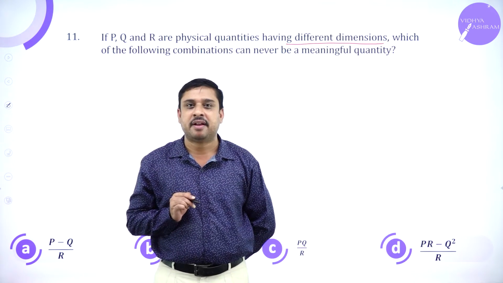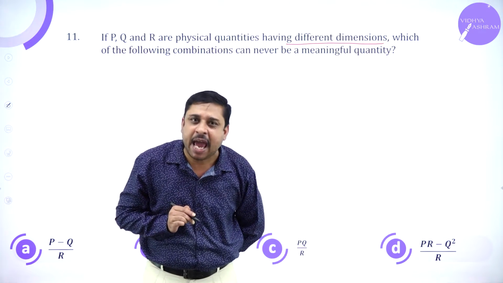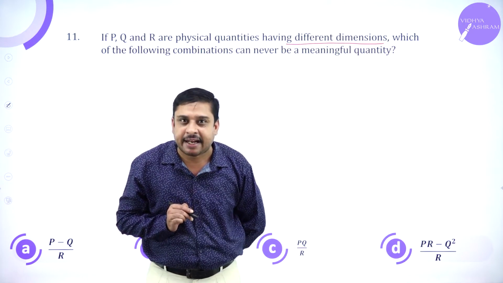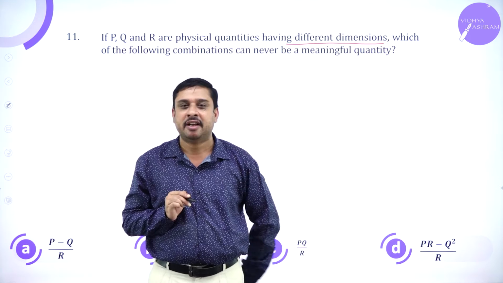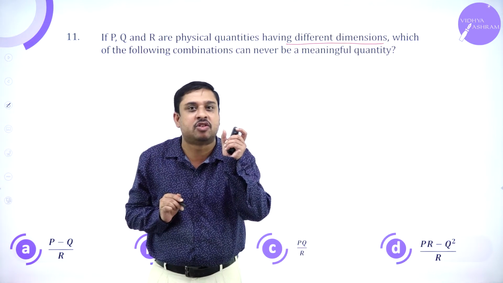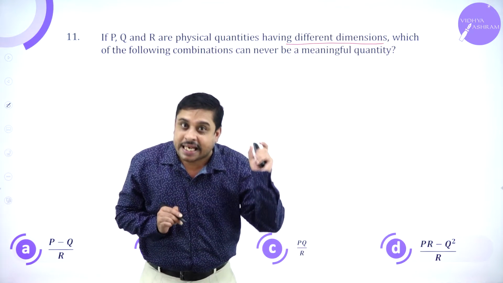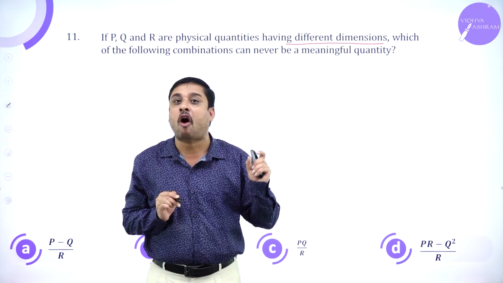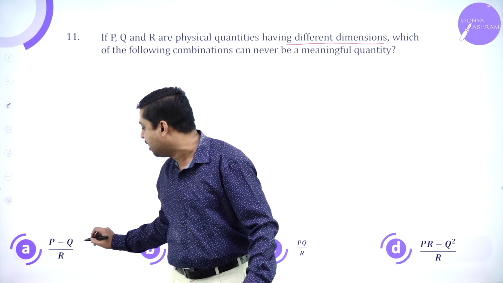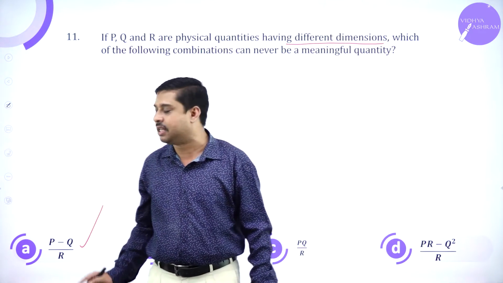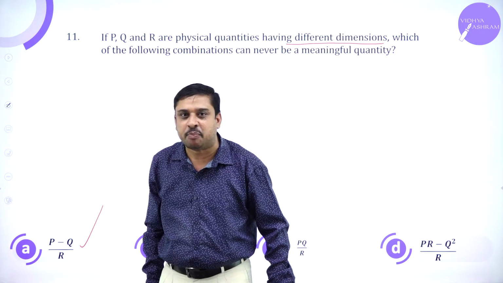Or the other way, only those quantities which have the same dimensions can be added, subtracted, or equated. If they don't have the same dimensions, you can neither add nor subtract them. By this principle of homogeneity, the meaningless combination is the first one, P minus Q divided by R.